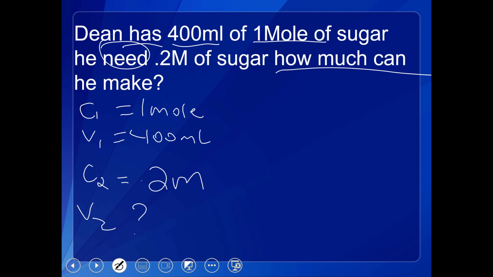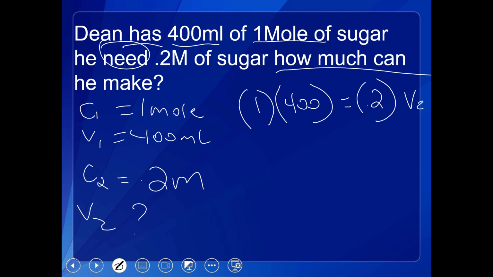So let's set this equation up. You've got 1 times 400 equals 0.2 times V2, right?